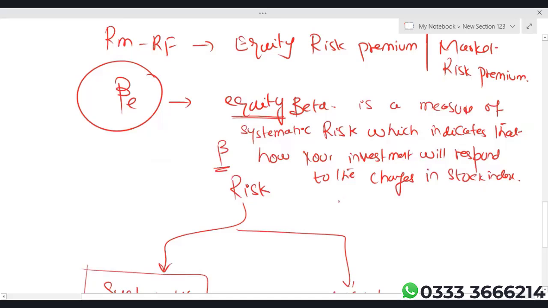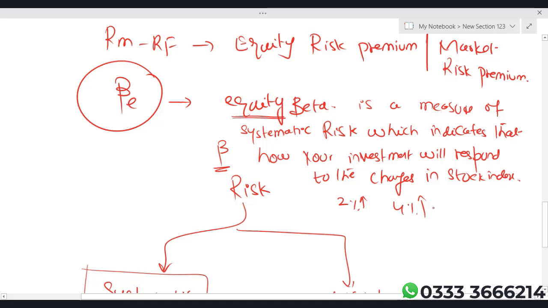For example, if the index increases by 2% and your investment increases by 4%, it means you are earning more than the market. If you are earning more than the market, your investment is riskier than the market, because if the market reduces, then your investment will reduce more than the market.